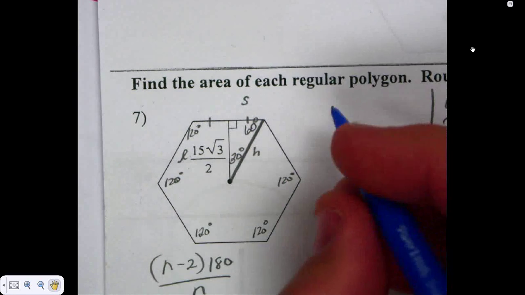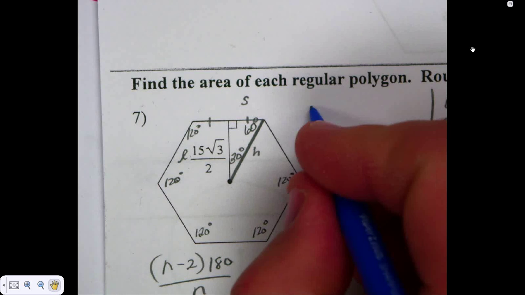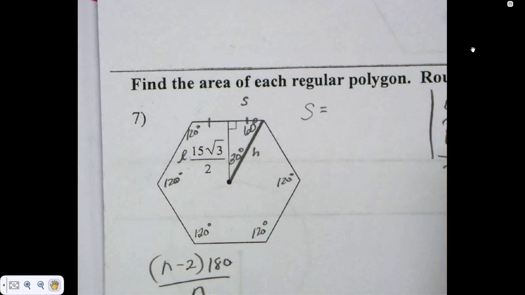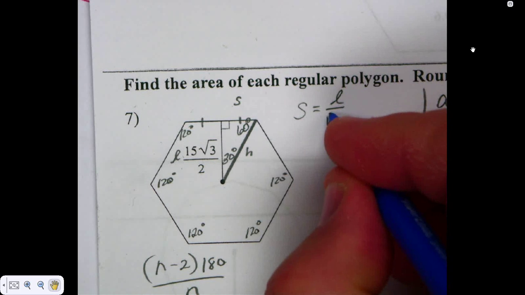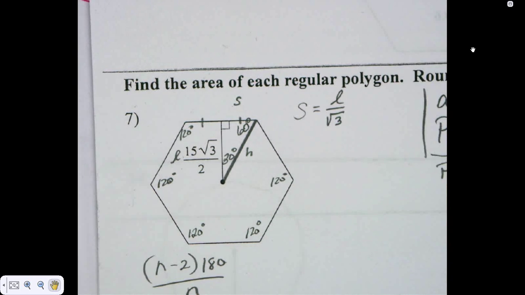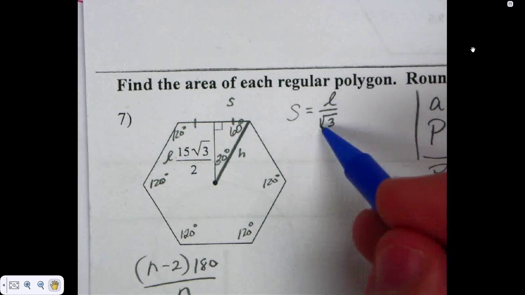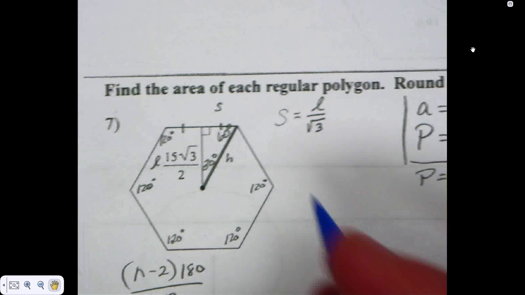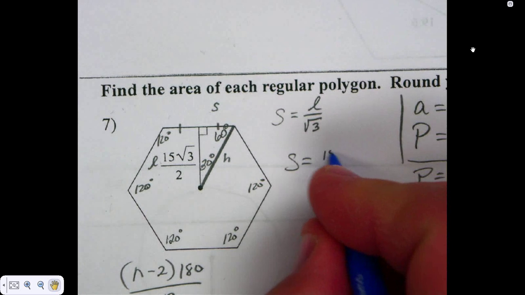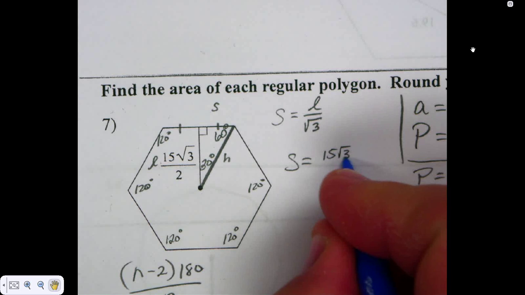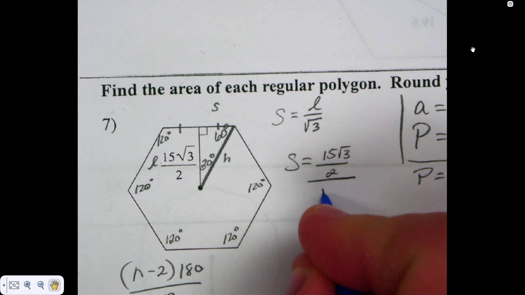So, S is equal to whatever the longer leg is divided by square root of 3. Now, you don't have to necessarily write this on here, but I do want to see S is equal to, and then 15 square root of 3 over 2 divided by square root of 3.